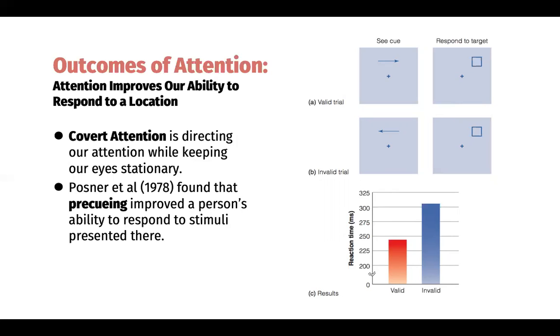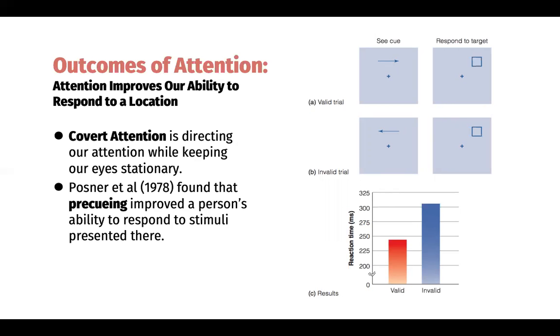But some researchers have approached attention not by measuring factors that influence eye movements, but by considering what happens when we shift our attention without making eye movements. Shifting attention while keeping the eyes still is called covert attention, because the attentional shift cannot be seen by observing the person.